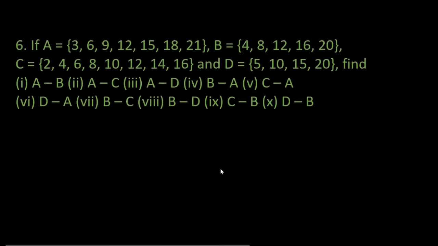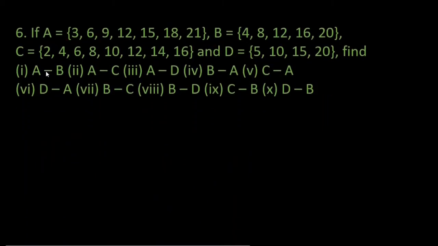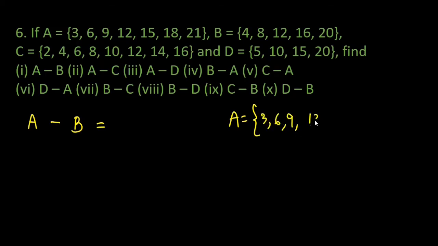The sixth one. A, B, C, D sets are given. We want to find differences. The first one, A minus B. A is 3, 6, 9, 12, 15, 18, 21.